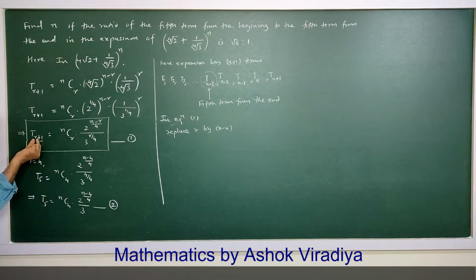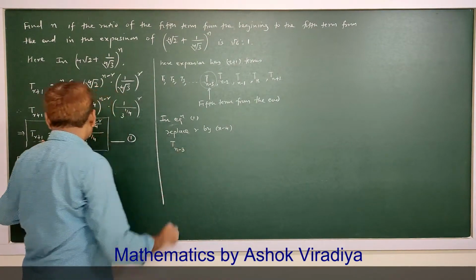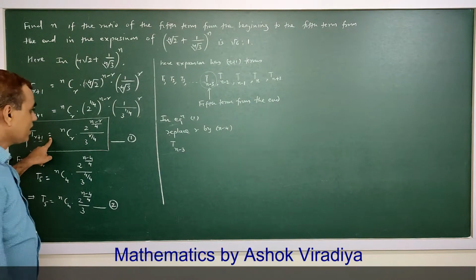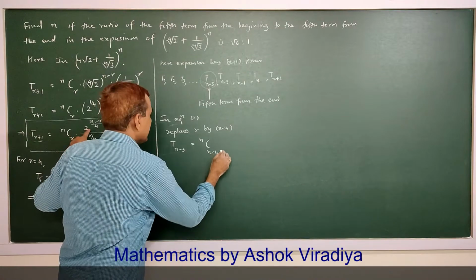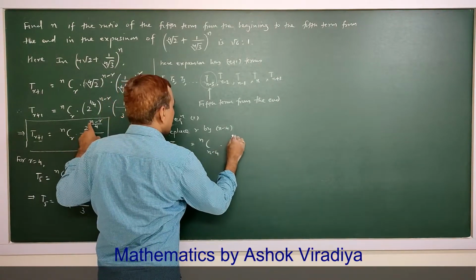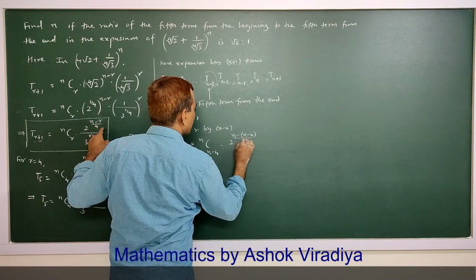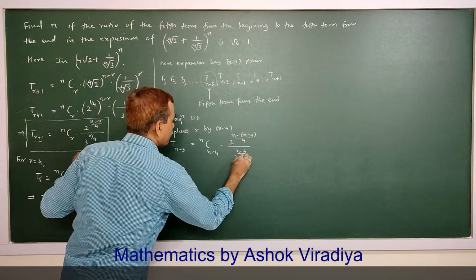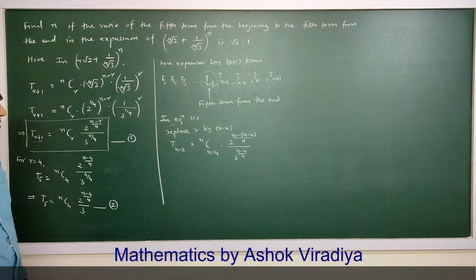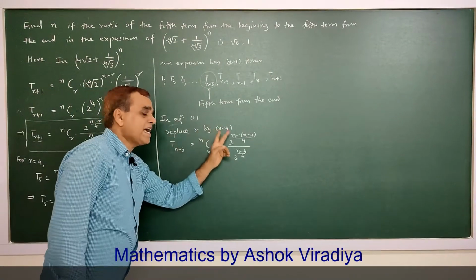So I am putting here n minus 4. So n minus 4 plus 1 is n minus 3, equal to NC n minus 4 into 2 raised to n minus 4 by 4 upon 3 raised to n minus 4 by 4. So in this equation I have replaced r by n minus 4.